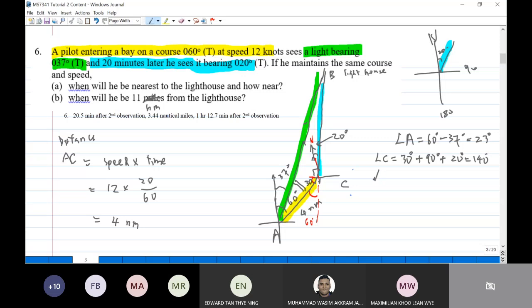Angle B is 180 minus 140 minus 23, and then you get 17. So I know this angle is 17 now.